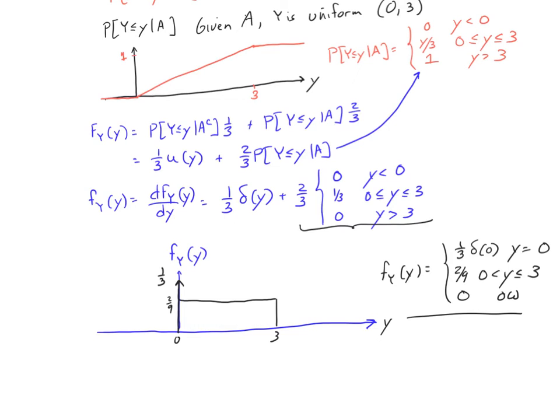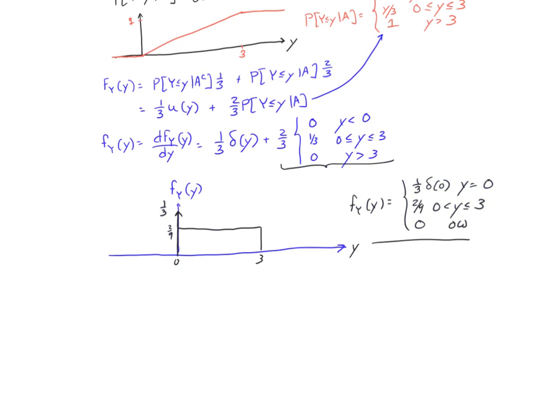And that's the complete expression of the PDF. Equivalently, you could have written here delta of y, because at y equals 0, delta of y is delta of 0.